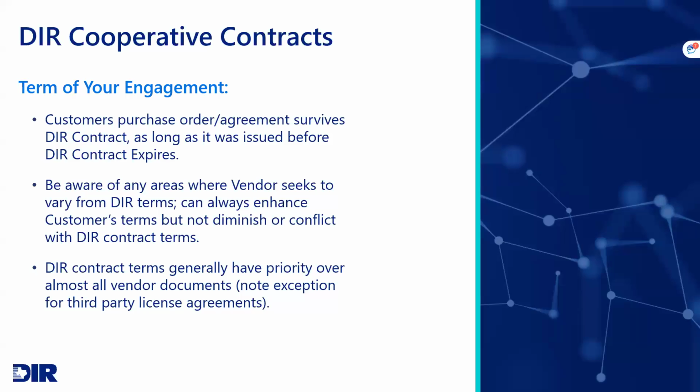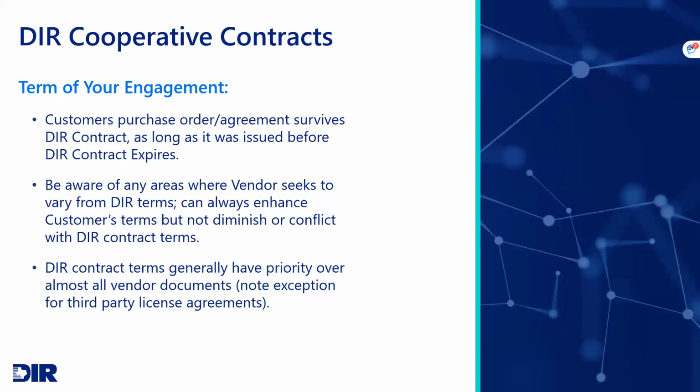Also, be aware of any areas where vendors are seeking to vary from the DIR terms and conditions. We have already negotiated the terms and conditions with the vendors. They had their chance to take exceptions when we negotiated the contracts. However, keep in mind that you, our customers, can negotiate additional terms and conditions with our vendors, provided they don't conflict with or diminish DIR's contract terms.